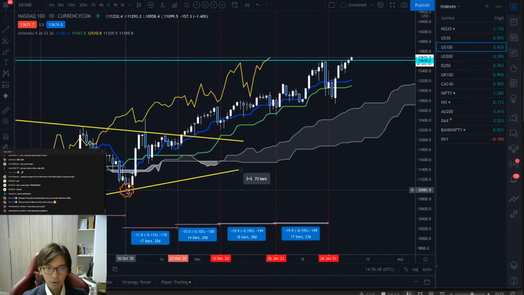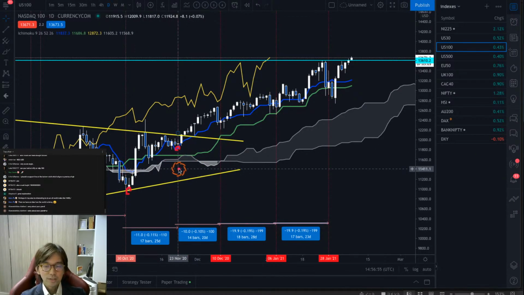There were 17 bars between low and low from 30th October last year until the 23rd November, and then from 10th of December to 6th of January this year, the lows are 18 bars apart, and 17 is one of the Kihon Suchi numbers on Ichimoku, and the lows are very close to the Kihon Suchi number, the time cycle.